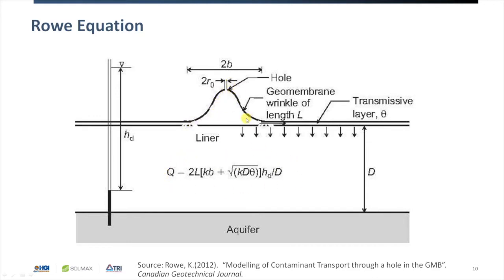So the wrinkle is filled with fluid and it's free flowing through the low permeability layer, and it's also squeezing in between the interface between the geomembrane and the low permeability layer. So you have liquid flowing through the width of the wrinkle, the length of the wrinkle, and also squeezing out between the geomembrane and the subgrade just a little bit.